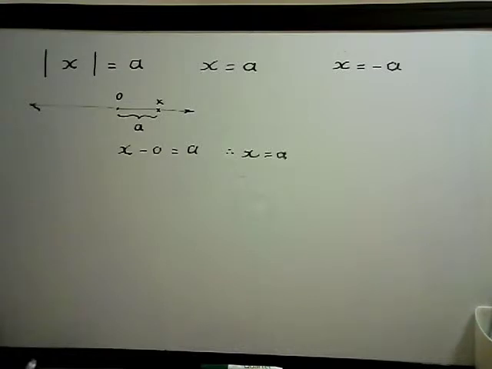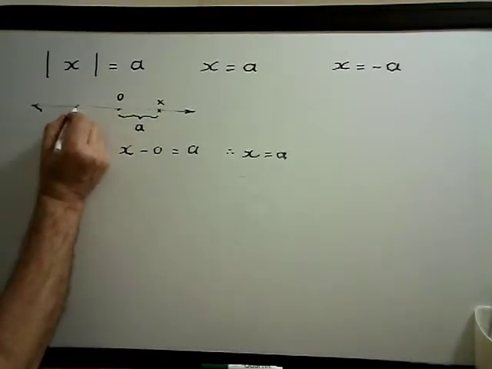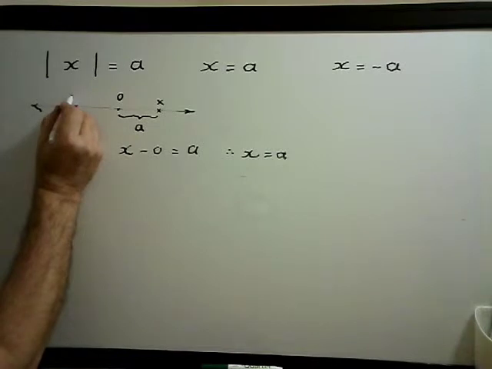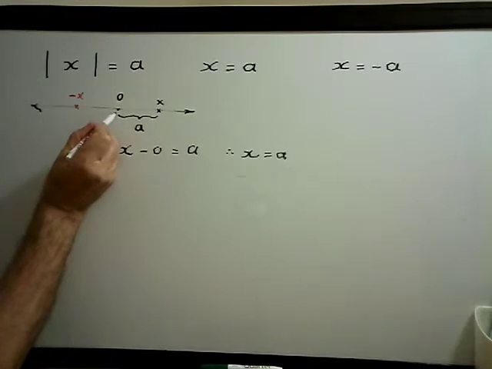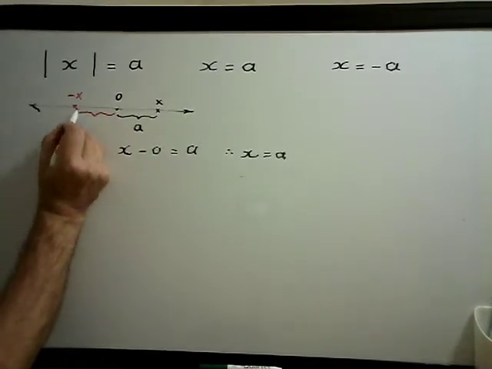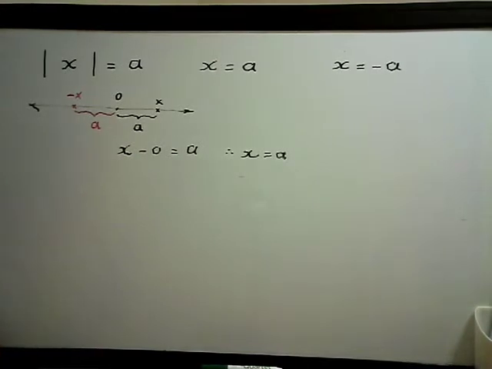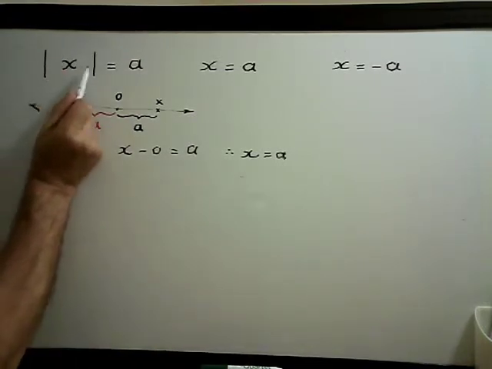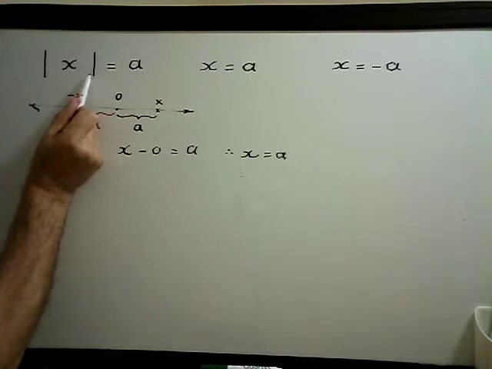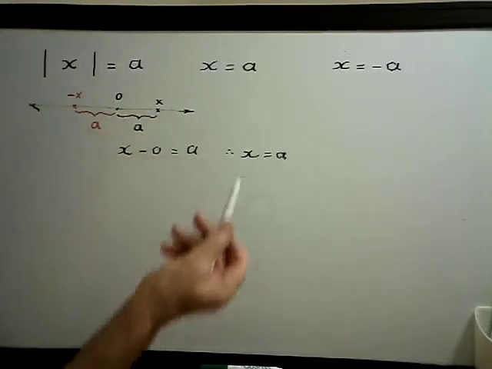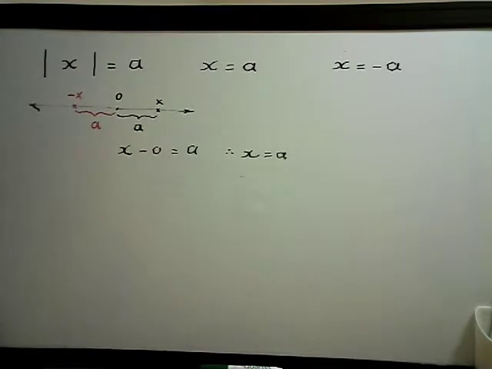The second situation, when x lies on the negative side of O, at this side, that means negative x. Still the distance between 0 and negative x is a also. So here negative x inside the absolute value will be positive. It will be the distance. It will not be negative.